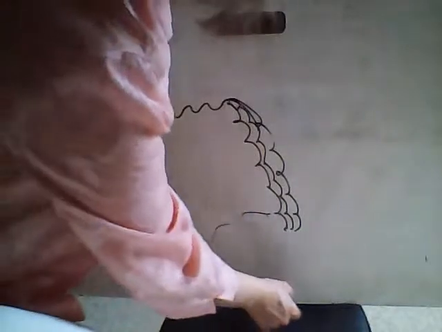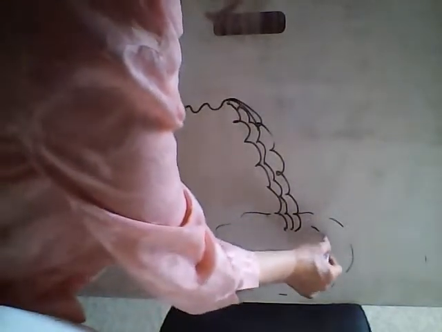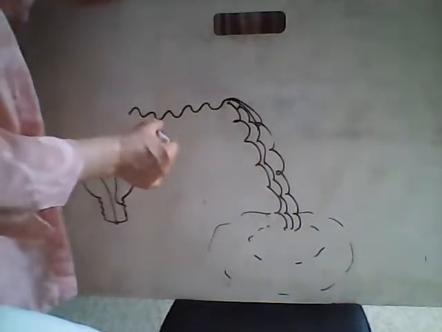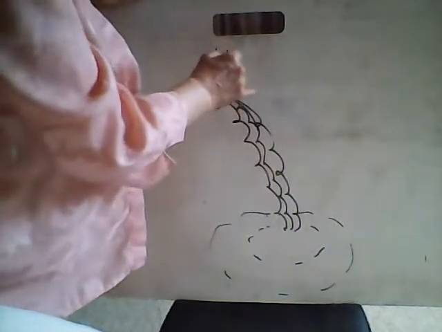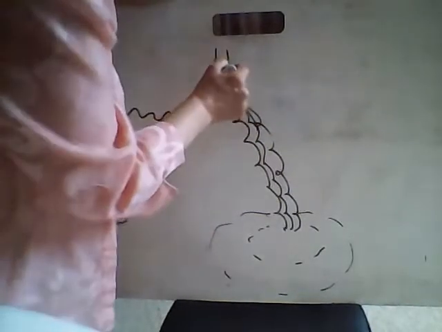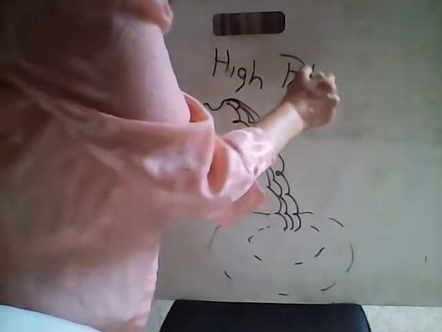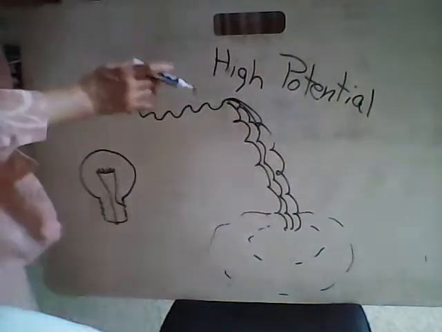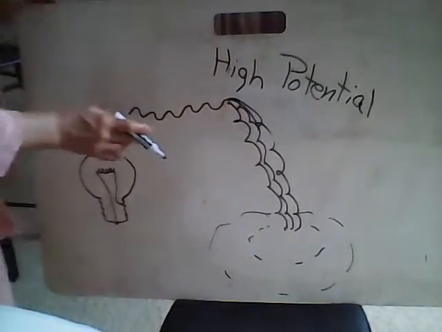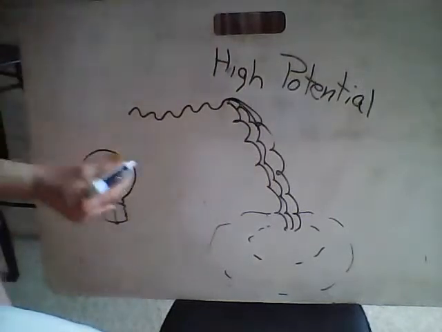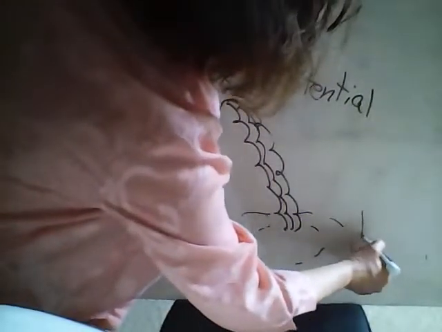And then your water ends up at the bottom where it has a lower potential energy than it does up here. So this is our high potential. At the top, remember, potential energy is dependent on the height. So the higher the water is, the higher the potential energy is. And then this is your low potential.